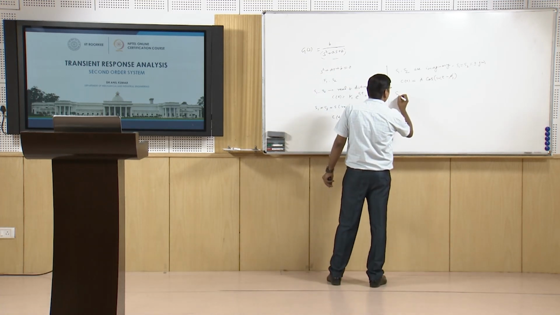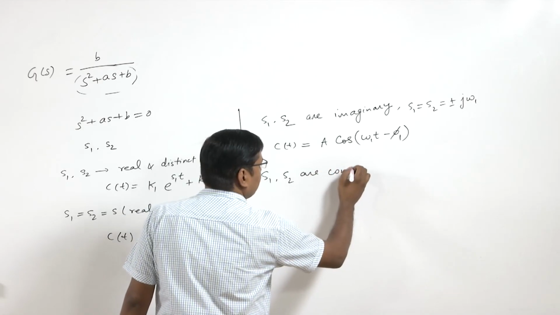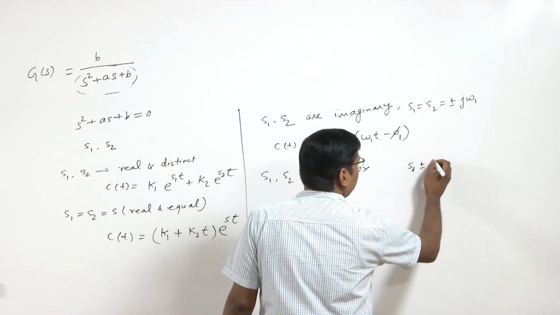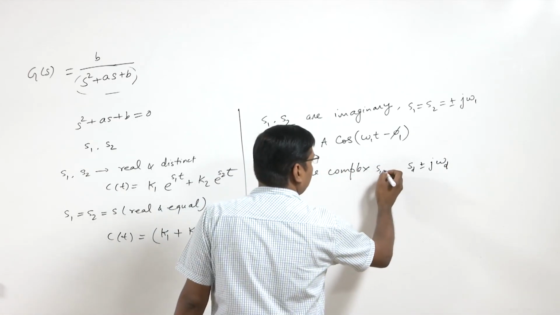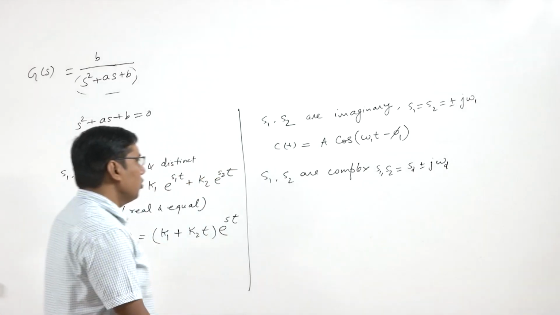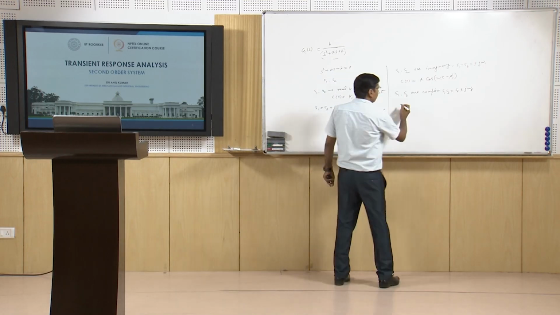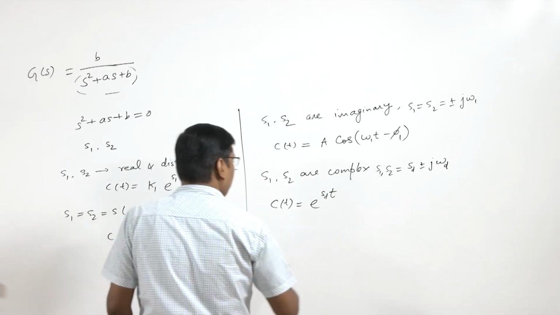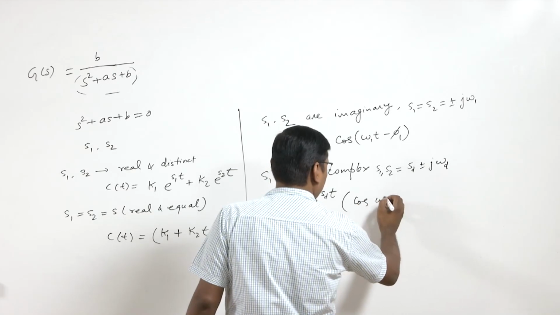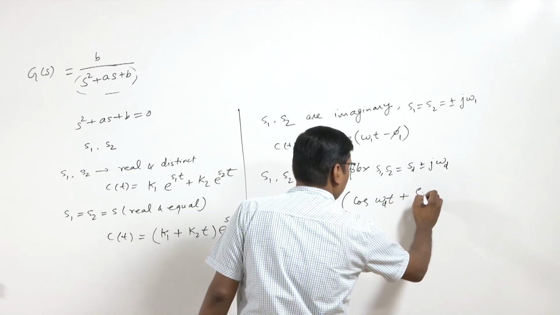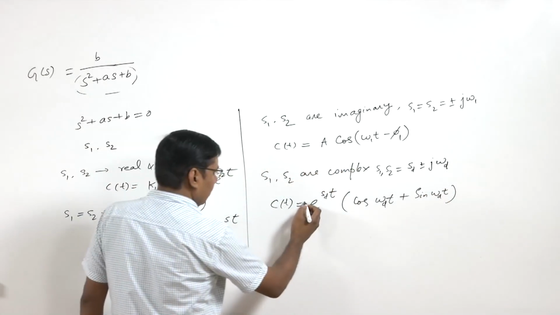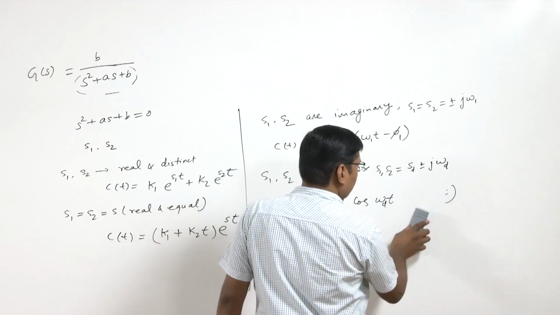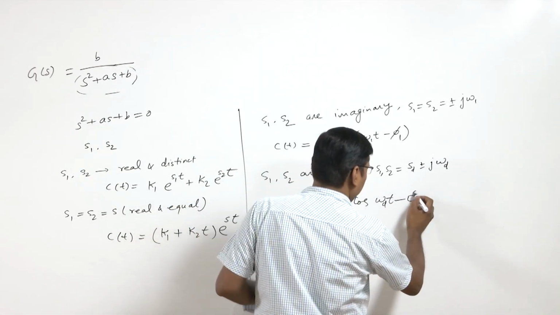And when they are complex poles, something like sigma d plus minus j omega d, we will have a decaying response, or we can also write this in terms of a phase, minus phi.